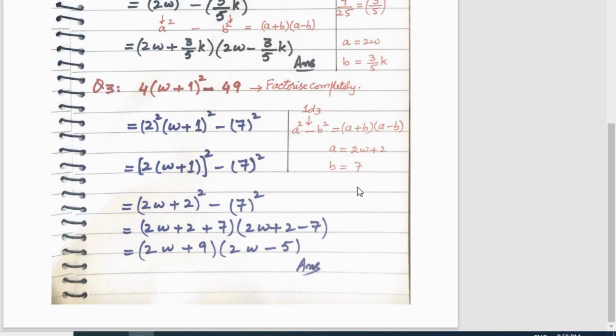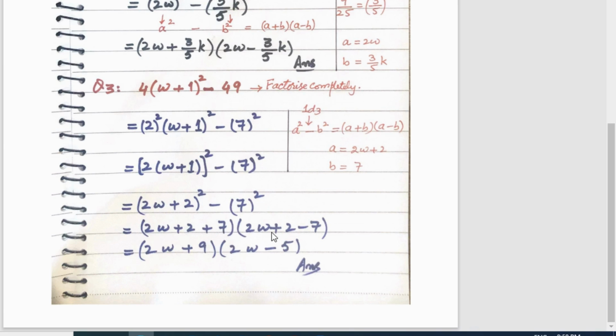So just keep these two things in your mind and write down quickly A plus B and A minus B. What is A? 2w plus 2 is A. What is B? 7. So I have written A plus B in the form of 7.